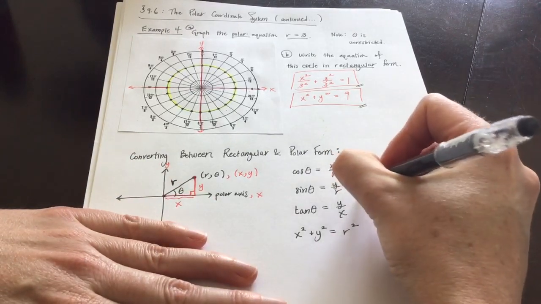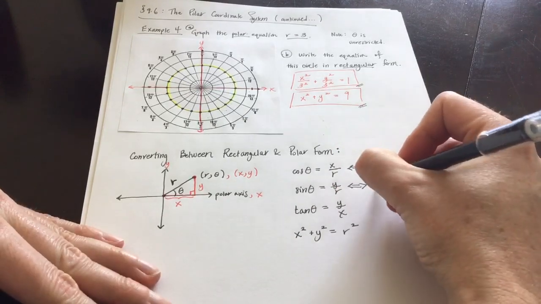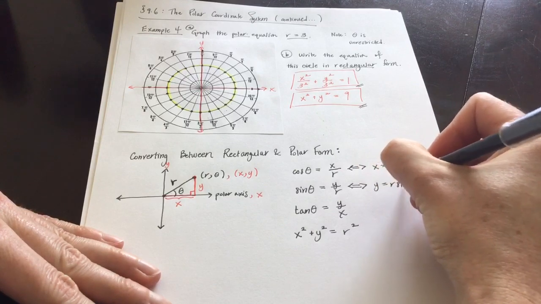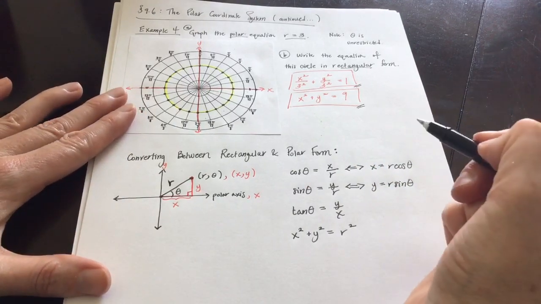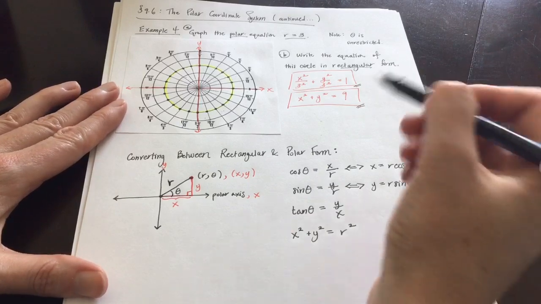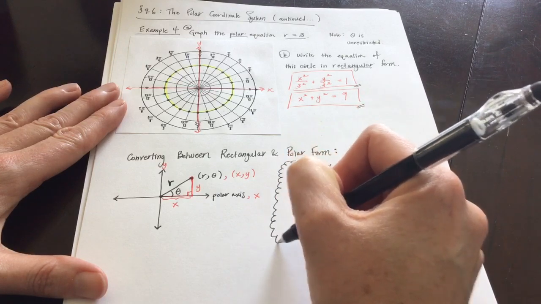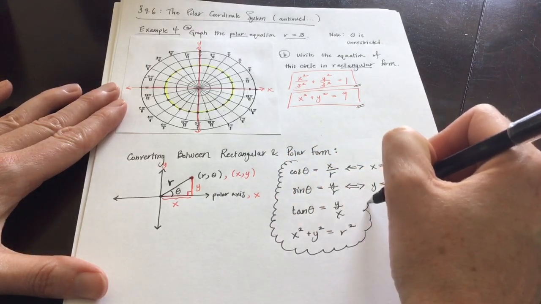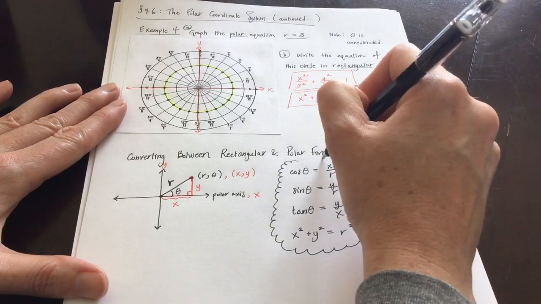And then similarly, the sine expression, if you multiply both sides by r, you'd have an alternative version of that one as well. Okay, my friends, this is your memorize this cloud. Respect the cloud. Memorize your identities. You'll be so glad.